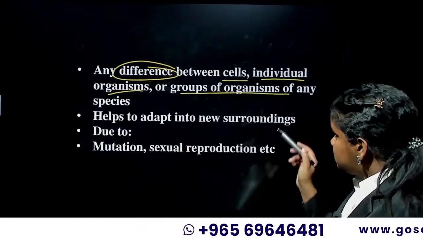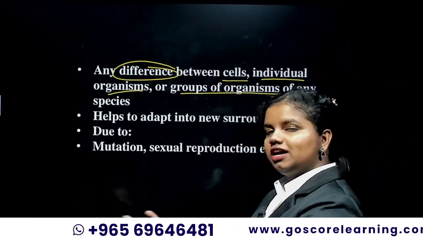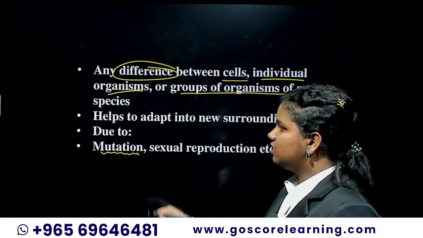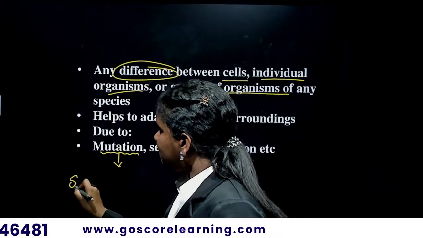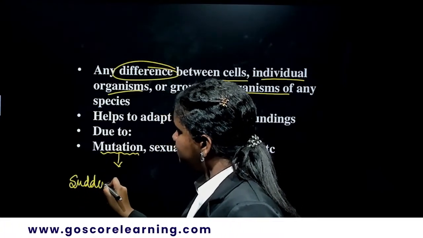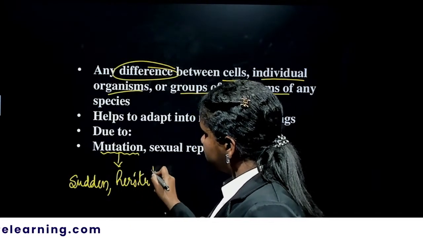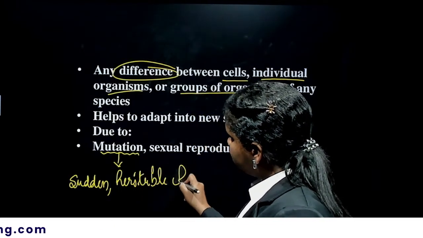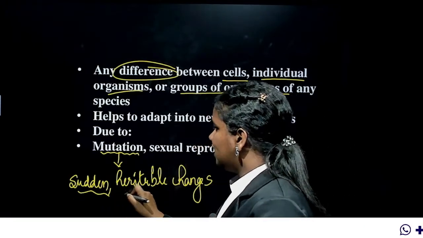This variation can occur in my body or in a plant's body or in a microbe's body through mutations. What are mutations? Mutations are sudden heritable changes happening in your genetic composition, maybe in your DNA.